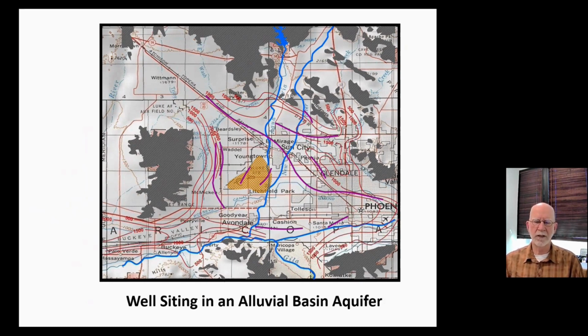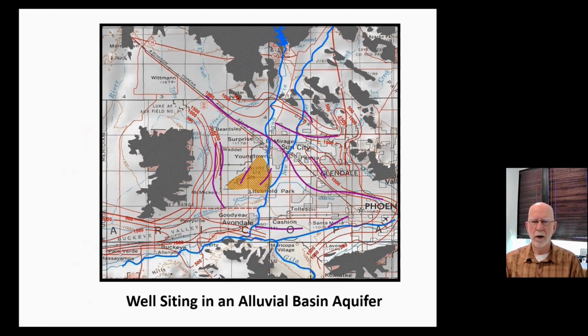The USGS has also contoured this, so we can see the elevation contours of the top of bedrock. So we know that we have a shallow bedrock shelf, and it gets deeper and deeper as we go across these faults here, and the same over here, and so on and so forth. So this kind of gives us a definition of what our bowl is shaped like, a rock bowl, which is now filled with sand and silt and clay.